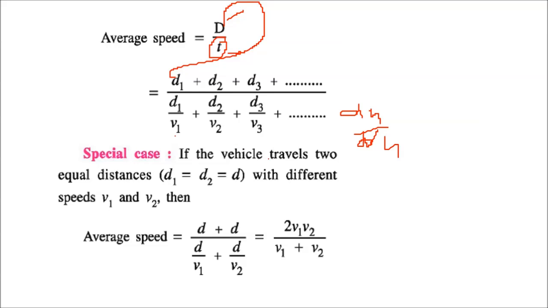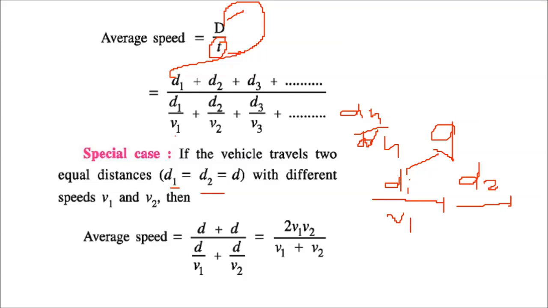So if the vehicle travels two equal distances, say d1 and d2 both equal to d, and velocity v1 is maintained here and v2 is maintained here, so this is for d distance, this is for d distance.